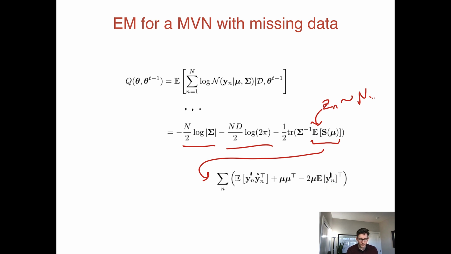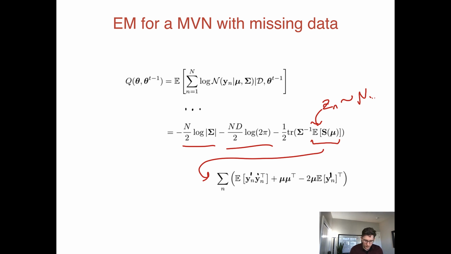Or sorry, it's this term involving the expectation of yn times yn plus this thing mu mu minus a term involving the expectation of just yn itself. Now these two expressions, it's not too hard to evaluate those given that you know what the parameters of the normal distribution are.